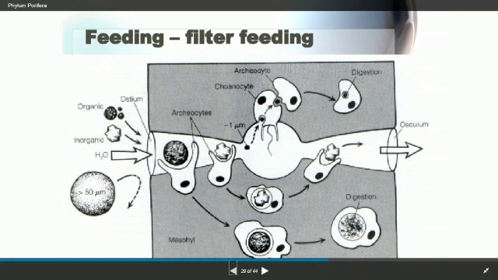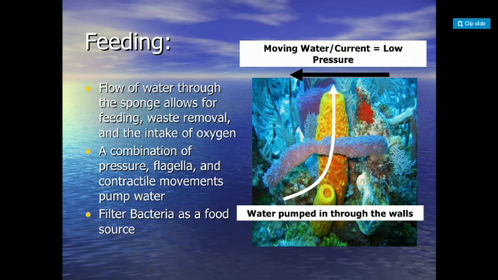Now we will see the economic importance of the phylum Porifera. Economically, sponges are very important, as they are used as artificial sponges. Besides the artificial sponge, they are used as natural sponges and used for bathing purposes.